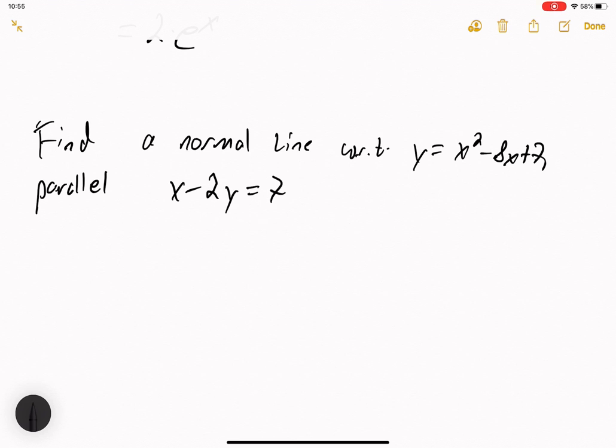I just want to work on this problem real quick because that was the only problem I saw that was a little strange.